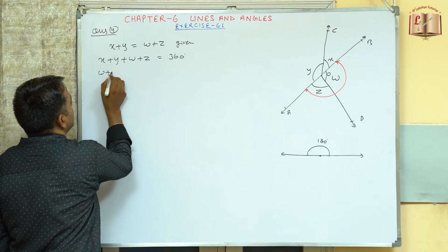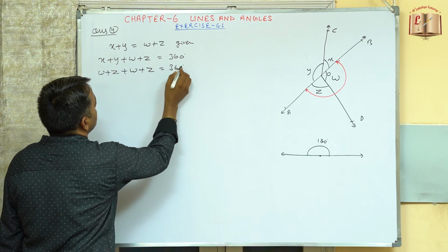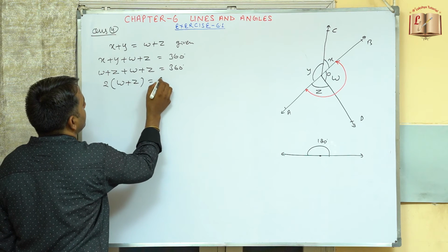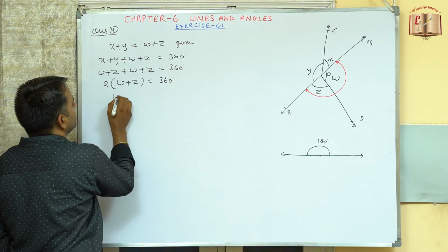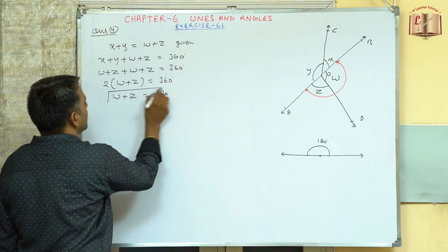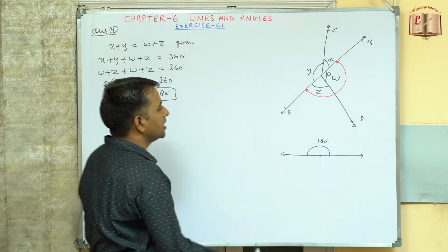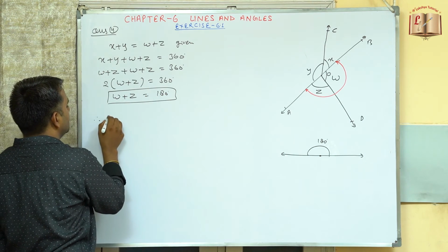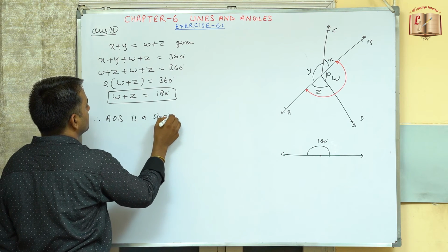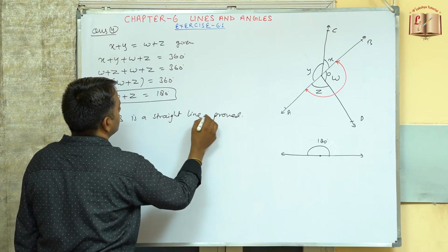So w plus z plus w plus z is equal to 360 degrees. So twice of w plus z is equal to 360 degrees, or simply w plus z will be equal to 180 degrees. So we are getting w plus z is 180 degrees. Therefore AOB is a straight line. This is proved.